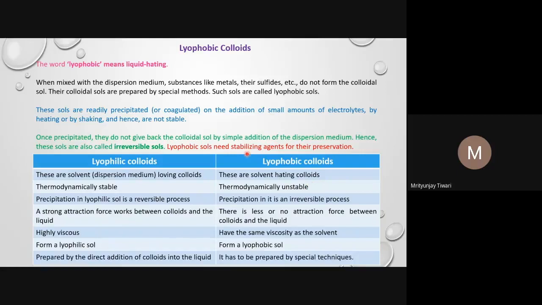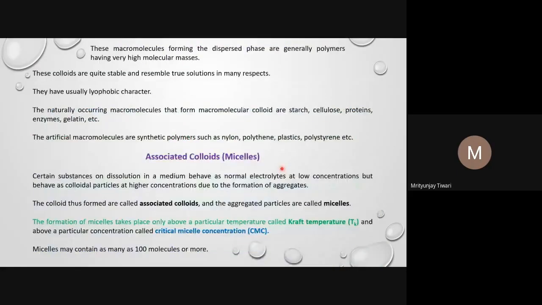But associated colloids get associated, and in these, the molecules in the dispersed phase have both lyophilic and lyophobic character. Certain substances on dilution in a medium behave as normal electrolytes. So on dilution in a very dilute medium, they behave as a normal electrolyte.